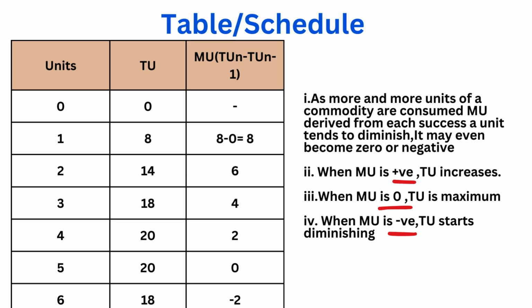Yes, you can see on the fifth unit, MU is 0 and TU is 20. It is the maximum. And when MU becomes negative, TU starts diminishing. When MU becomes minus 2 on the sixth unit, TU decreases from 20 to 18.